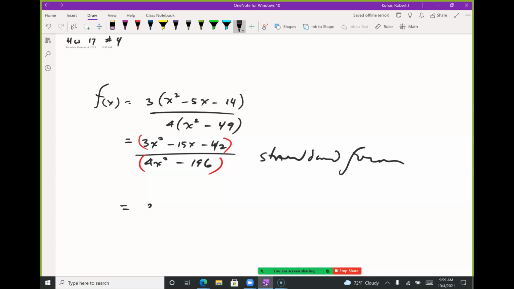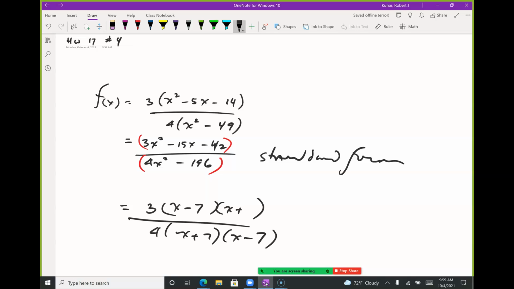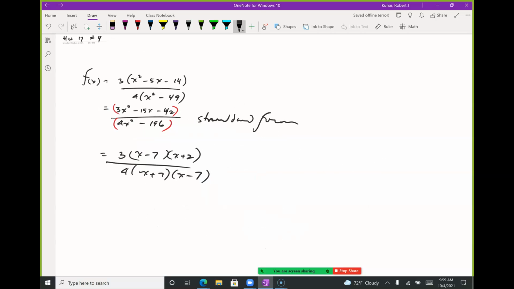And my factored form, right, is what? 4 times x plus 7, x minus 7 downstairs, and then upstairs, what are the factors of negative 14 that add to negative 5? It's x minus 7 and x plus 2, right? So this is my factored form. And then I can have a reduced form, right?